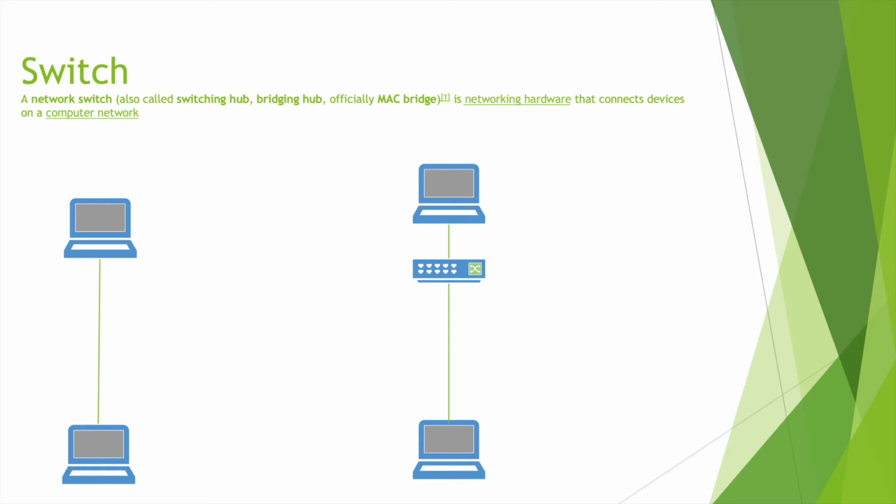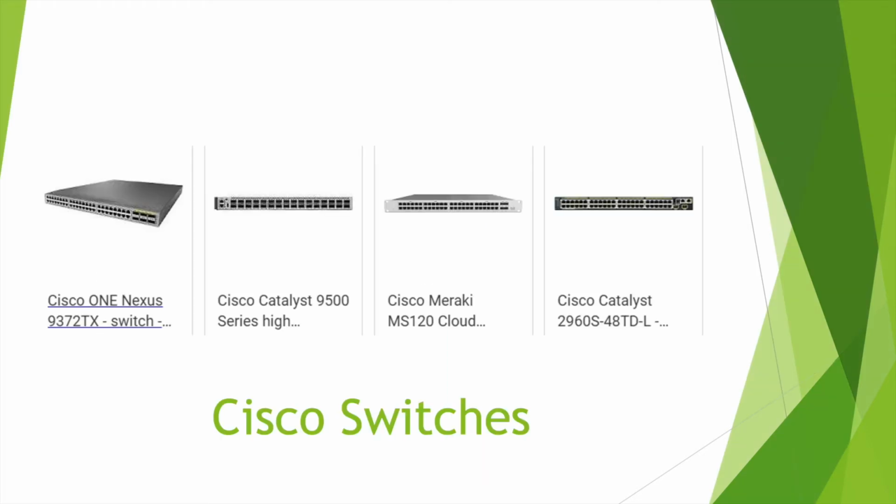There are different types of switches from Cisco in CCNA, because it's a Cisco exam or certification. I'll show you what kind of Cisco switches are most commonly used in your professional environment. So here are some examples of Cisco switches.